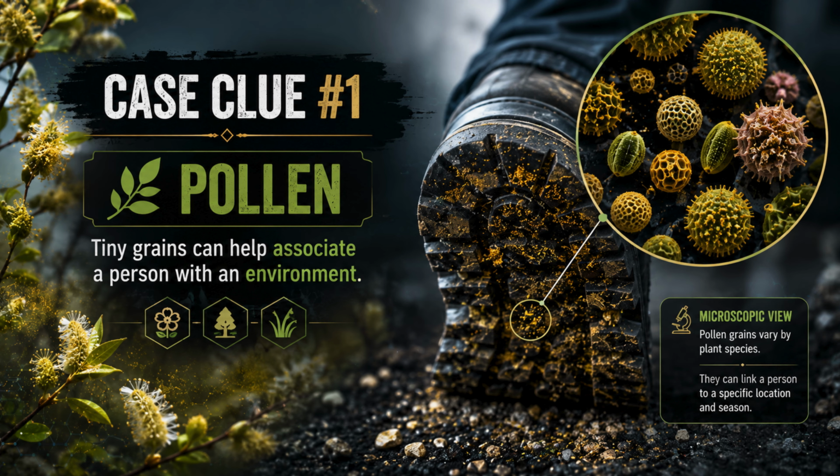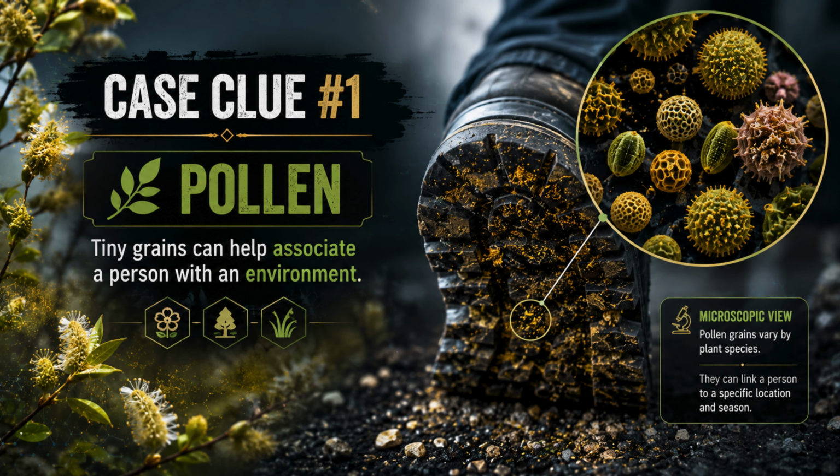For example, just imagine a person walking through a garden containing a particular type of flowering plant. Tiny pollen grains may become attached to the person's footwear. At the same time, particles from the person's shoes may be deposited along the path. Now imagine investigators later finding unusual pollen grains in the thread of footwear.